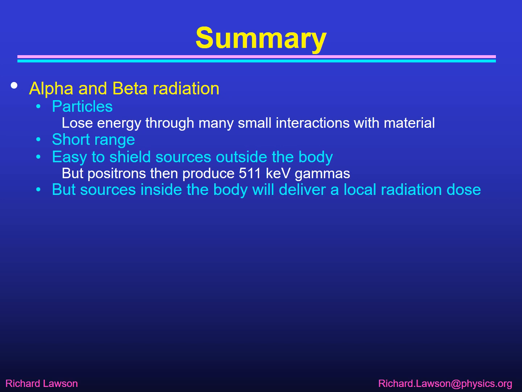So if we've got a source outside the body, that's easy to shield, but bear in mind that if we're talking about positrons, then after they've stopped they will also produce 511 keV gamma rays by annihilation with an electron, and that may well be more penetrating than the original positrons. But if we've got a source inside the body, that will inevitably deliver a local radiation dose, because the radiation will only travel a very short distance from the source.